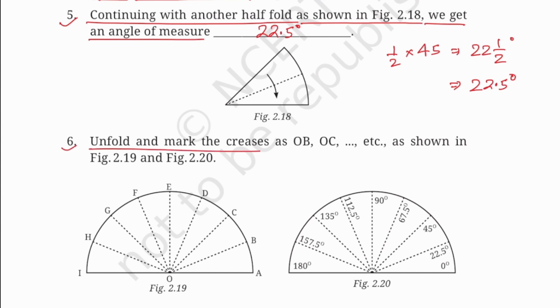Unfold and mark the creases as OB, OC, and so on, as shown in figure 2.19 and figure 2.20, like this. The new angles are 22.5, 67.5, 112.5, 157.5.